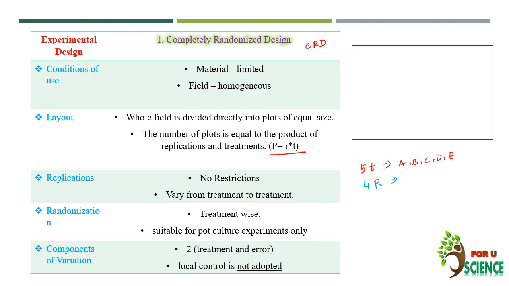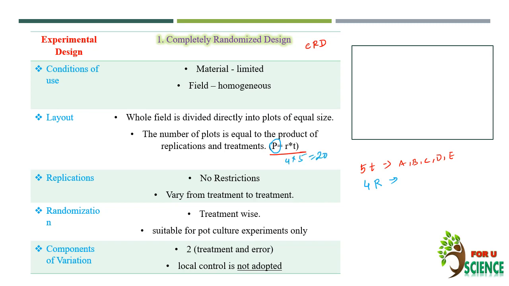That means we will allocate, rearrange or repeat each treatment 4 times. Suppose we are having 5 treatments like nitrogen doses. We are taking 5 different nitrogen doses and repeating them 4 times in the field. Then the number of plots will be 4 into 5, that is 20.